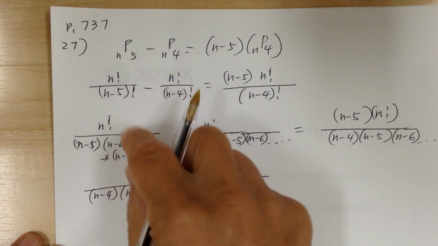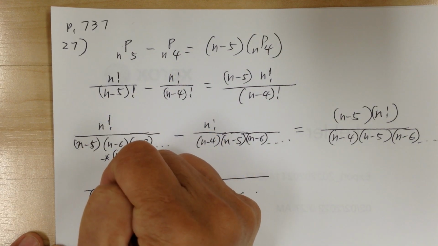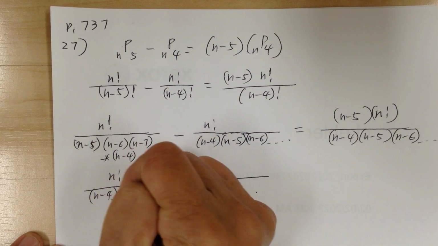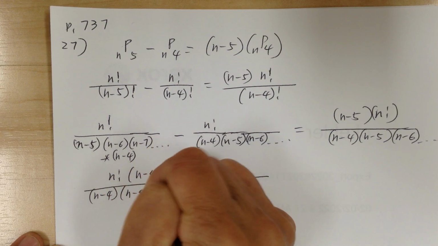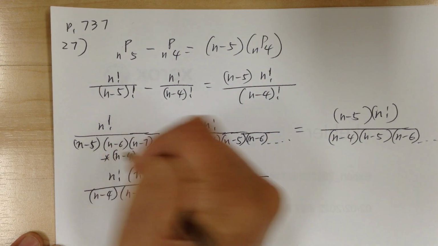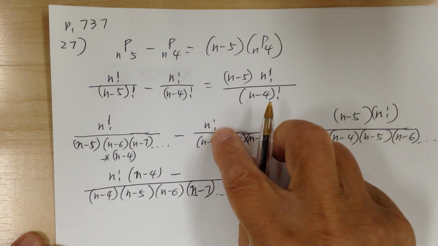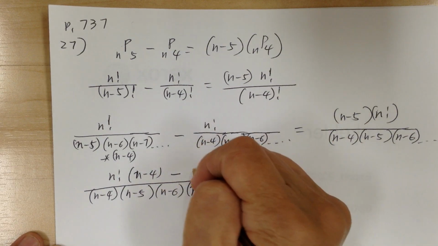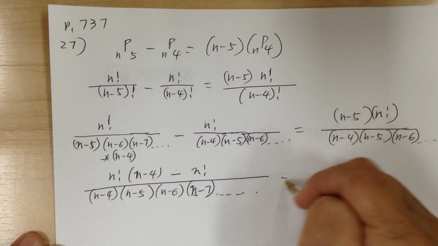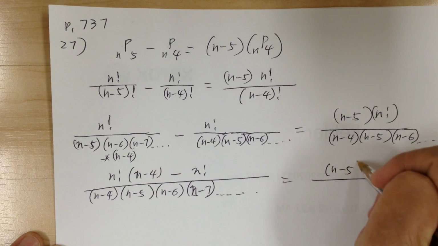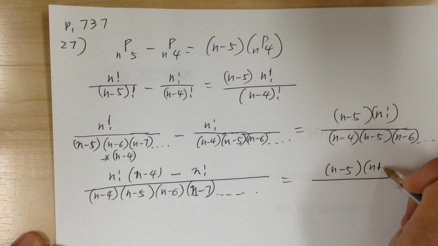So that means the top becomes n factorial times n minus 4, minus, this one has everything already, so you don't have to do anything. Let's not do anything with this over here for now.